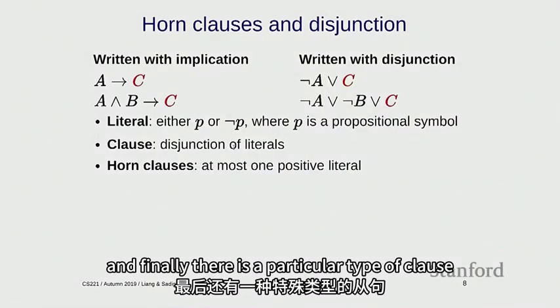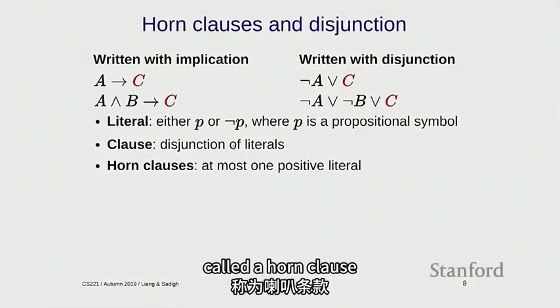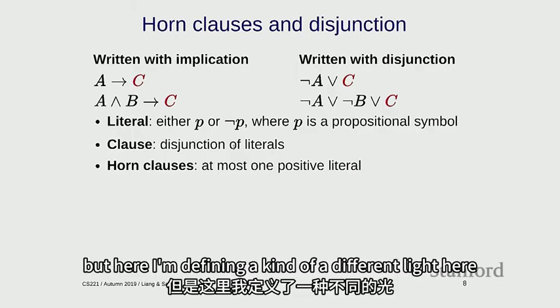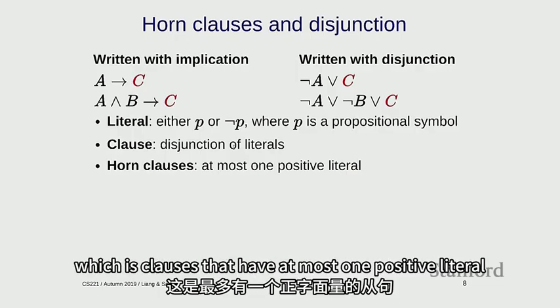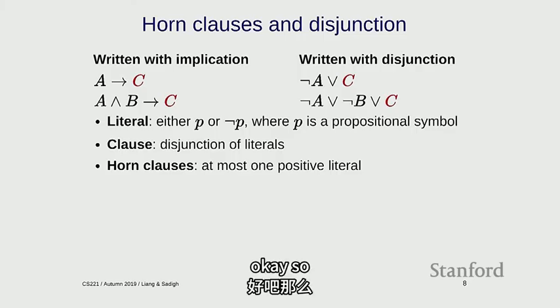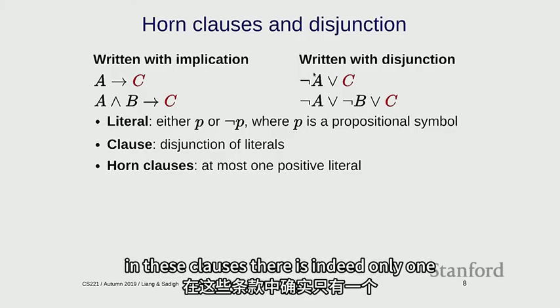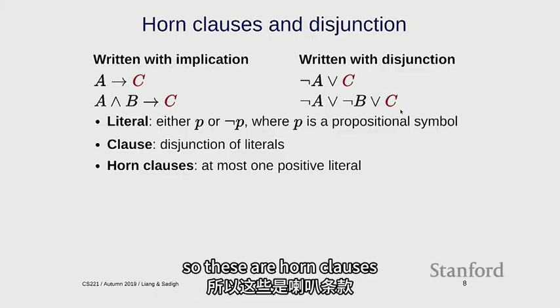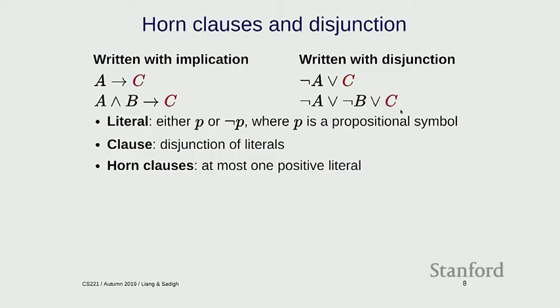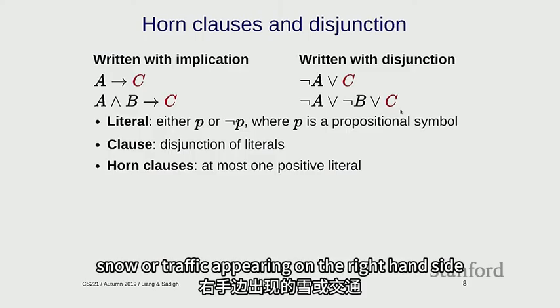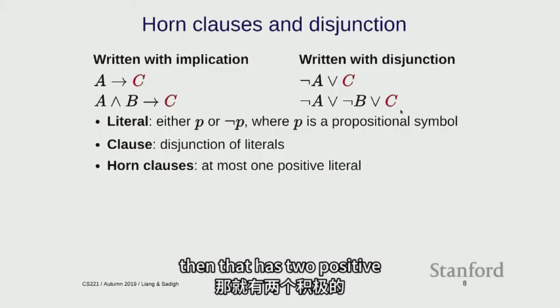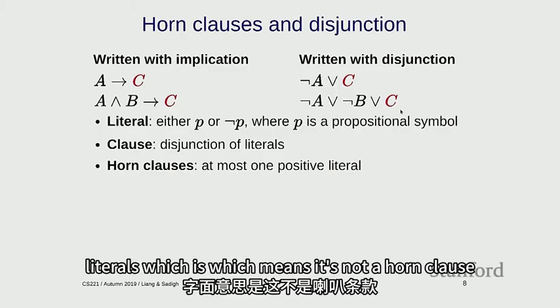And finally, there is a particular type of clause called a horn clause, which I introduced last time, but here I'm defining it in a different light: clauses that have at most one positive literal. In these clauses, there is indeed only one positive literal, so these are horn clauses. If you remember from last time, if you have snow or traffic appearing on the right-hand side, then that has two positive literals, which means it's not a horn clause.